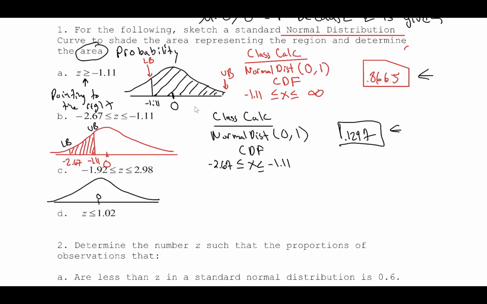Once again, the middle is 0. We want Z to be in between negative 1.92 and positive 2.98. We'll say negative 1.92 is here, and positive 2.98 is over here. Once again, you shade in between because we want Z to be in between those two values.